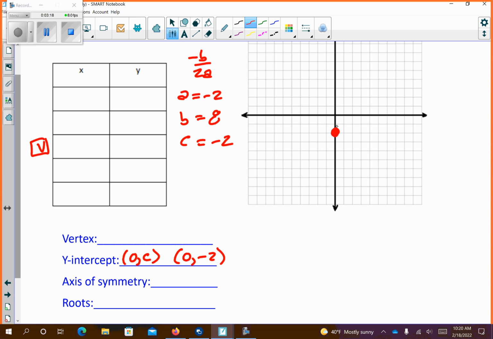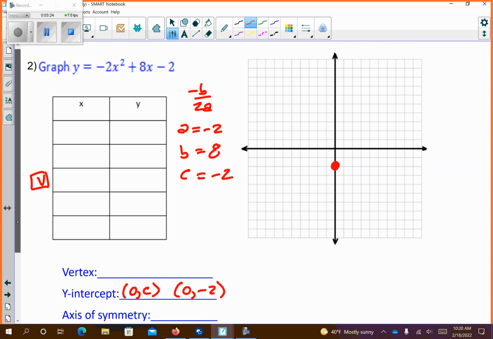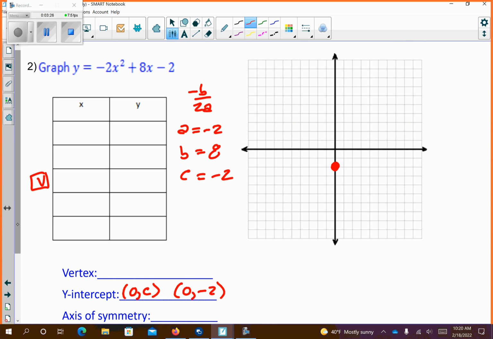It just sometimes will give us some direction once we find our vertex of what our graph should look like. So things that you should probably note on this is that my a value is equal to a negative number, so the parabola will open down. Okay, so that's kind of a thing to keep in mind when you're doing these types of things.